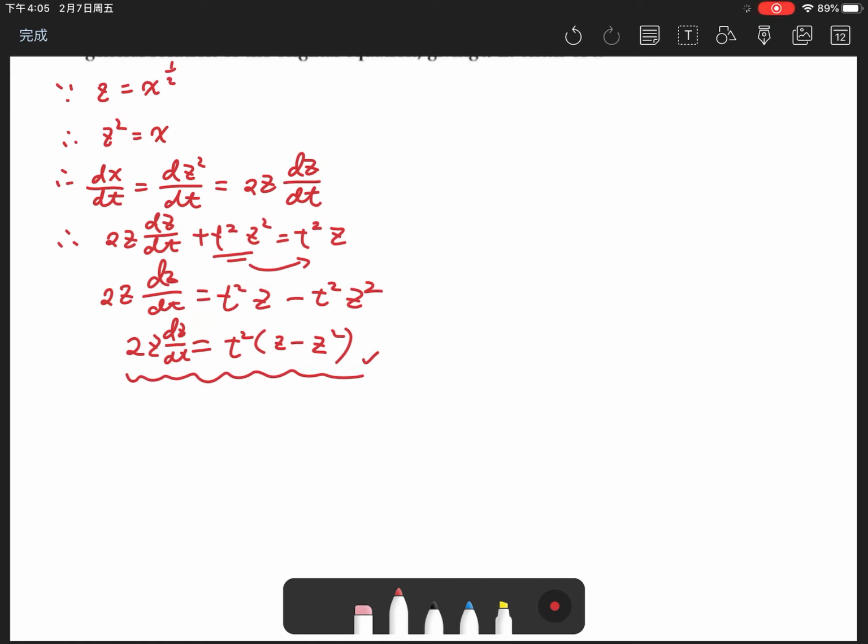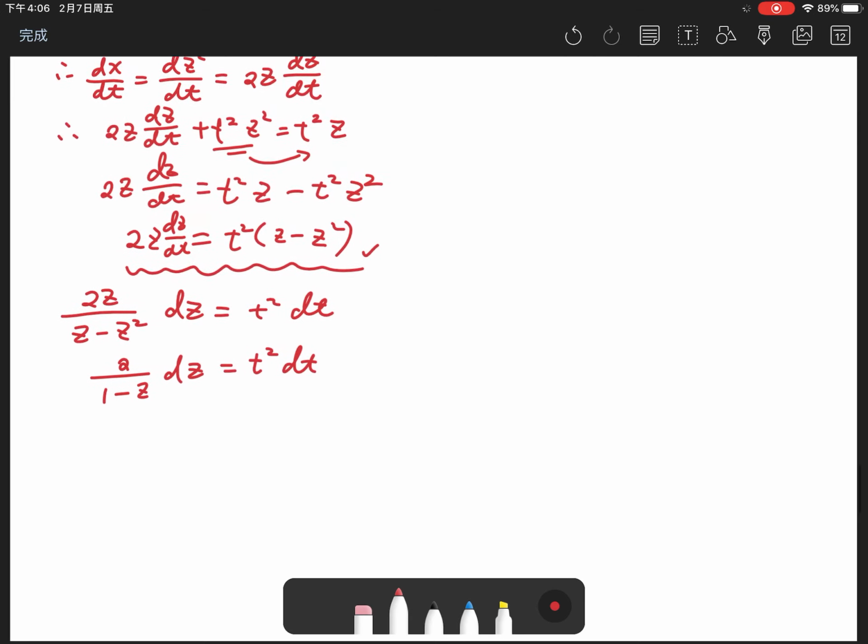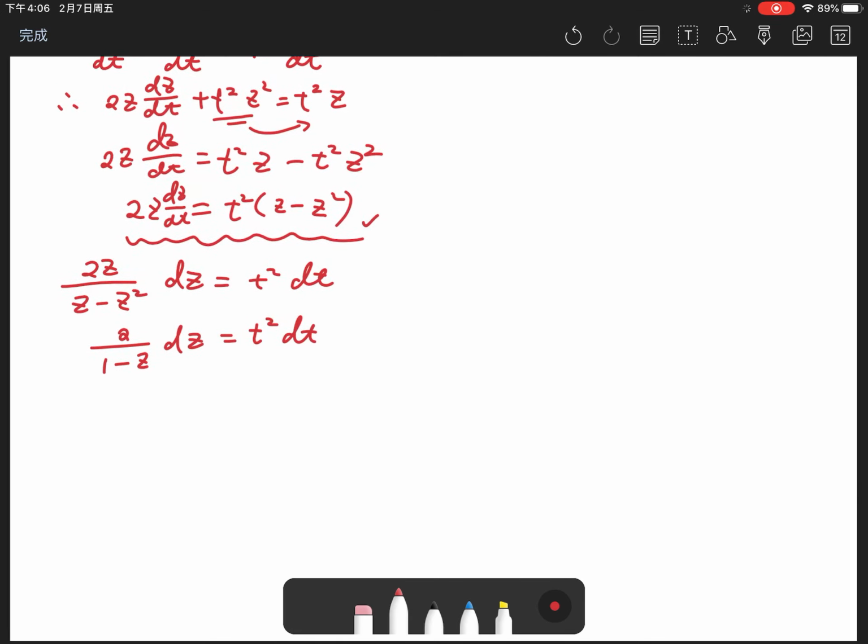So here we can use the separating variables method, and it becomes 2z over (z minus z square) dz equals t square dt. We can cancel the common factor, so it becomes 2 over (1 minus z) dz equals t square dt, and then we do integration on both sides.